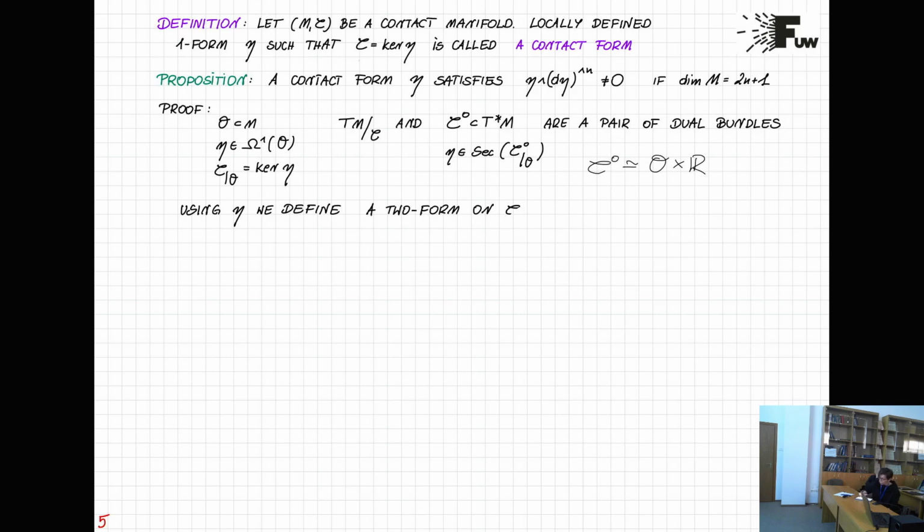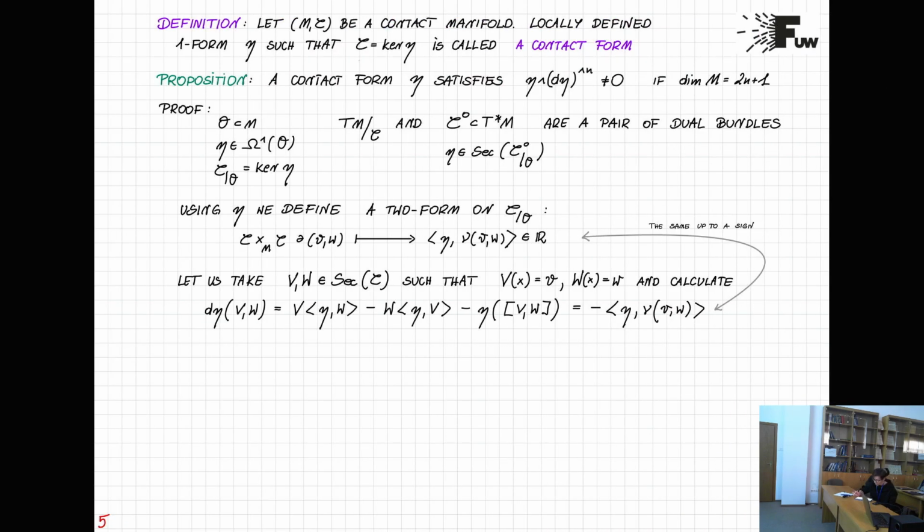And now what we will do, we will use this eta to define a certain two form on the contact distribution, and we will compare this with the two form we already have with values in the line bundle, so we will compare those two forms. So the definition is as follows.